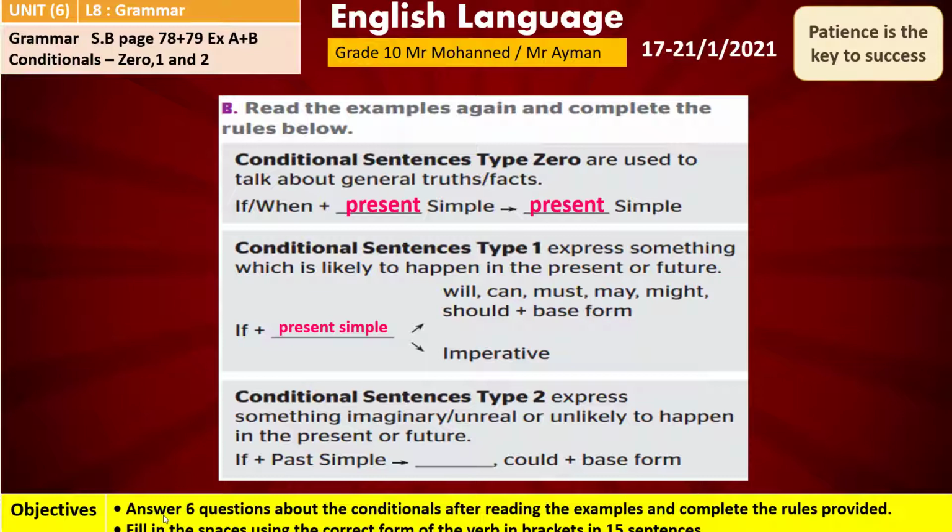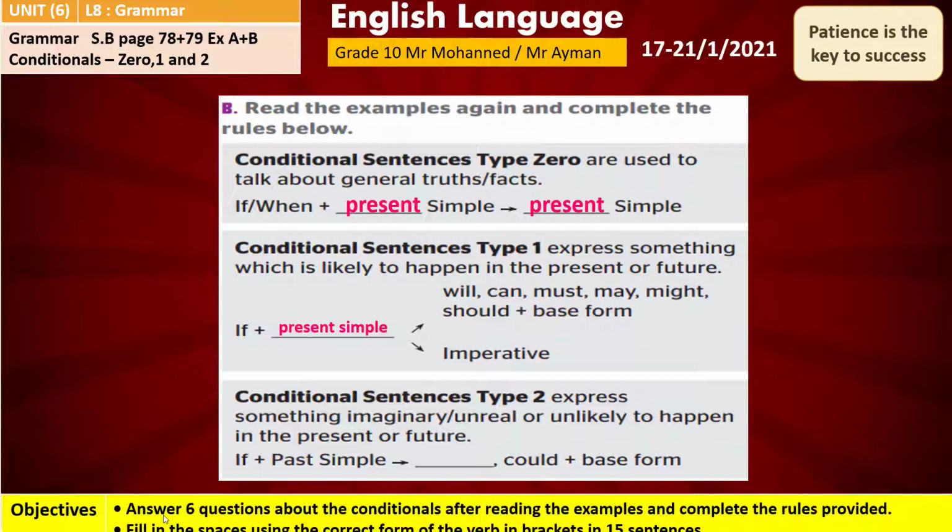For example, if you hear the bell, answer it. If your phone rings, answer it. If you have a test tomorrow, study well.